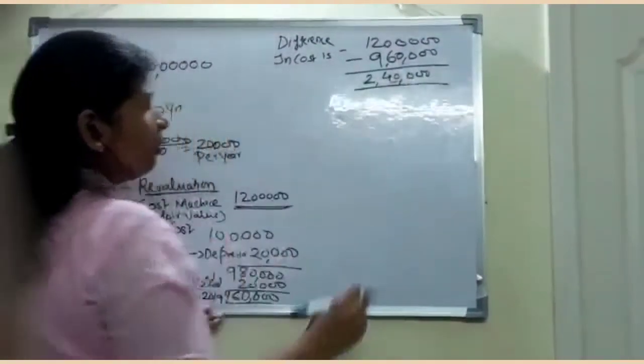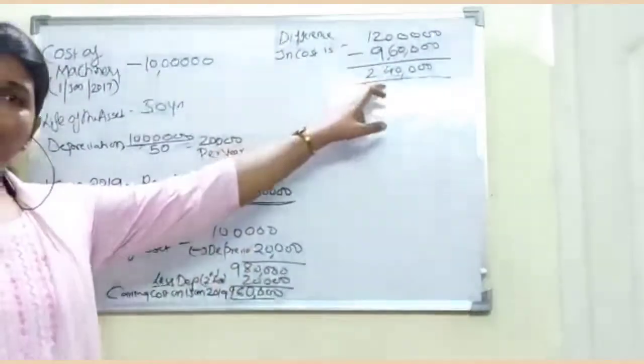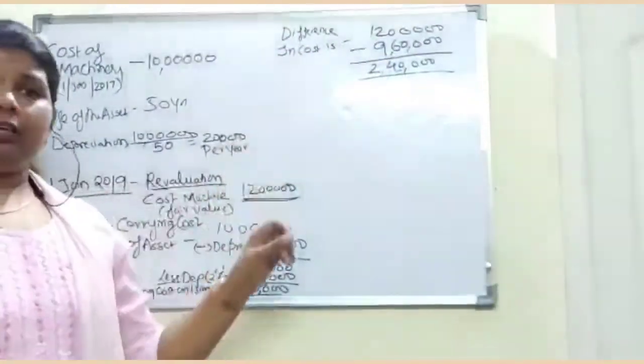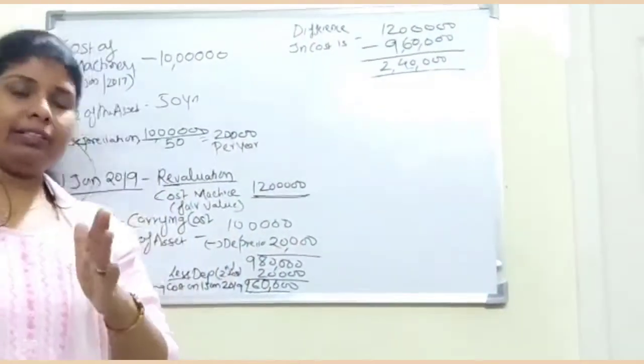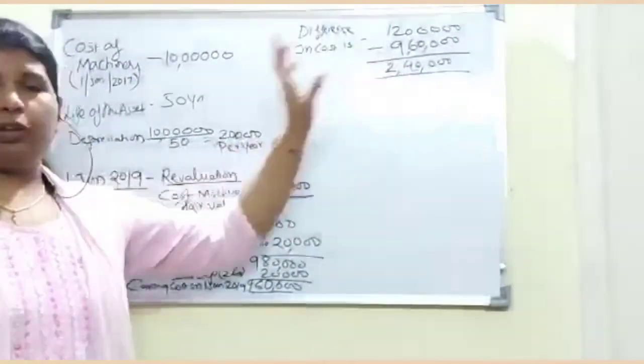Now how to give the effect of this 2,40,000 increase in the plant and machinery, and what do we do with it?